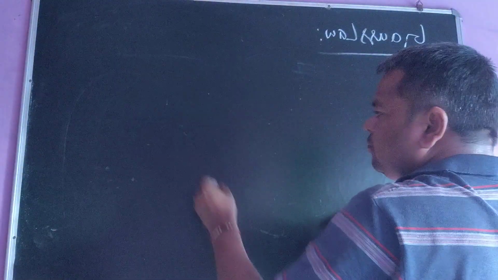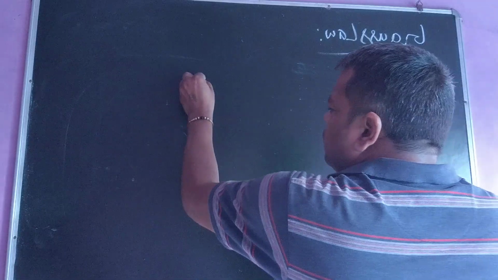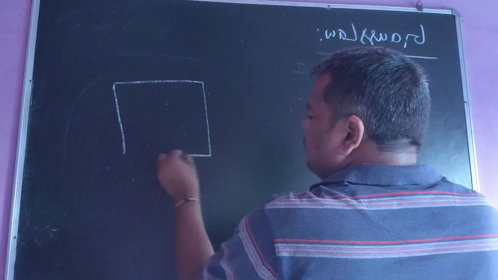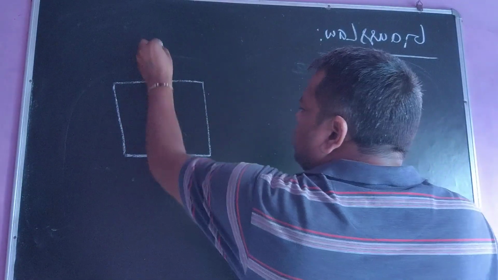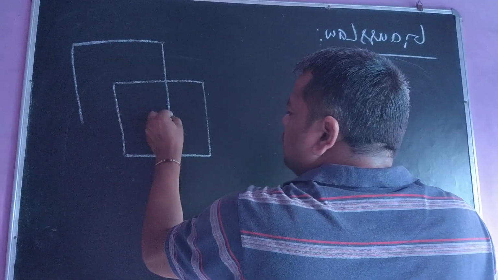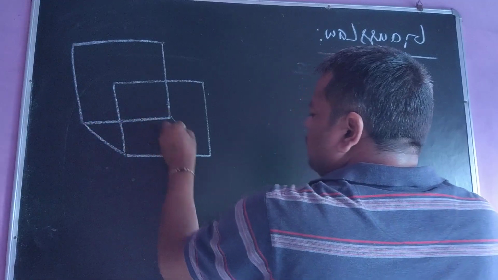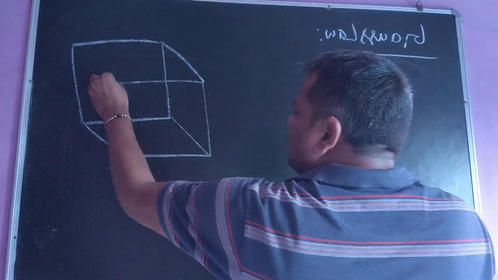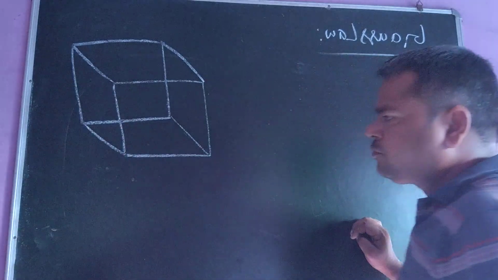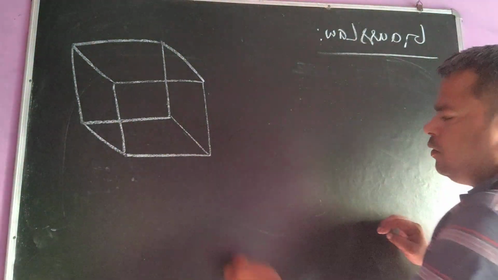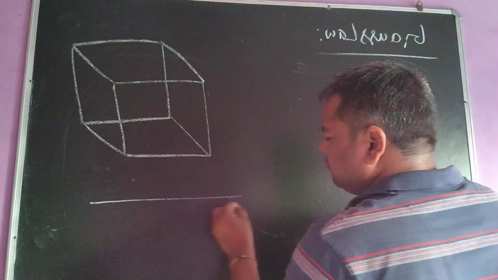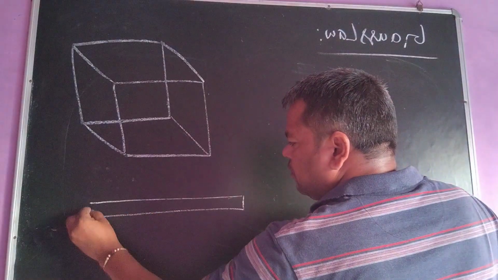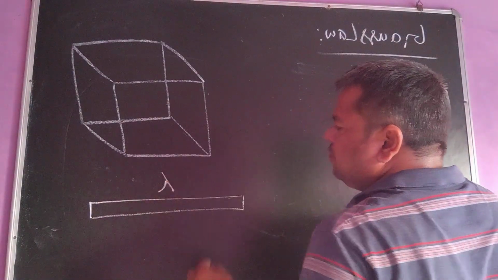Next question. We have this cube and we have a rod of linear charge density lambda.